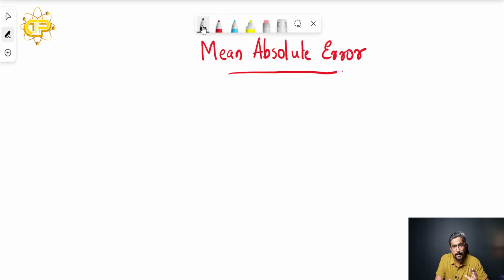How can I explain mean absolute error? In absolute error, we got three values in the example we had taken. For example, if I had taken n readings, I got n absolute errors: delta x1, delta x2, delta x3 up to delta xn.